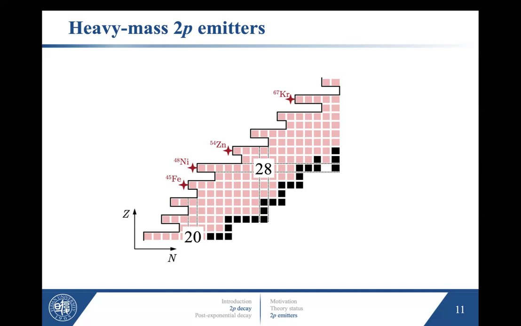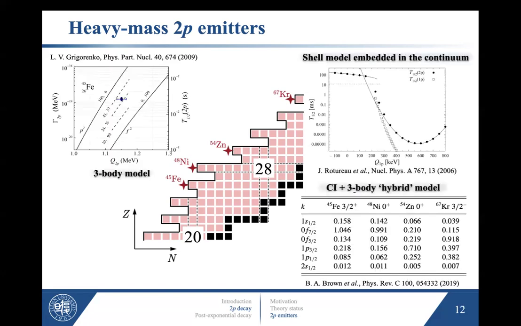Of course, there are many previous works that have been done on these regions. For example, Grigorenko uses three-body models by assuming the configuration of those two-proton emitters to analyze their decay lifetimes as well as the nuclear calculations.